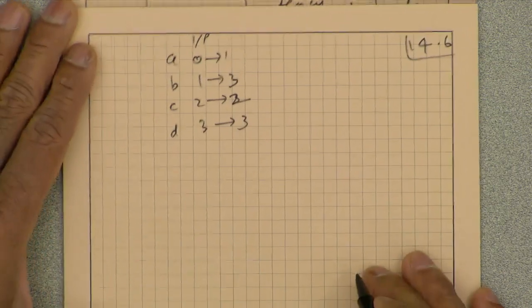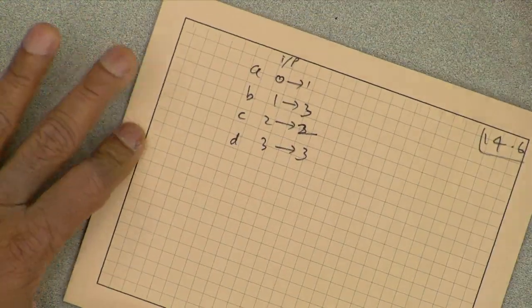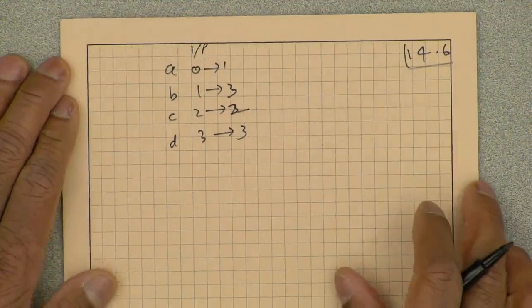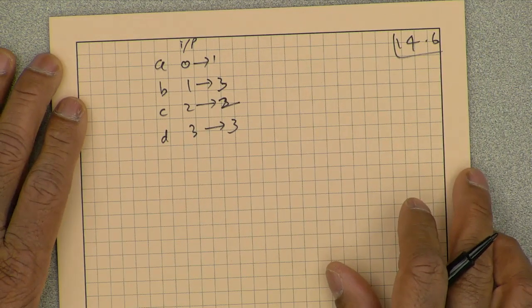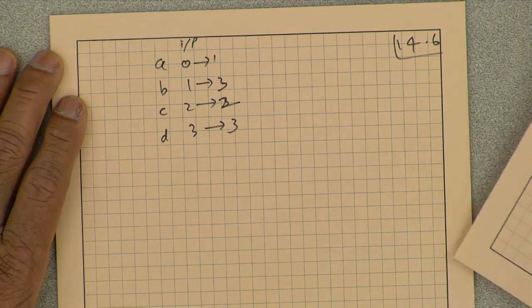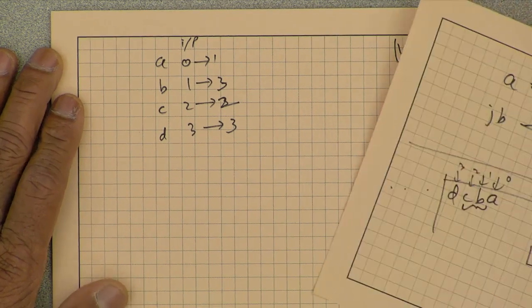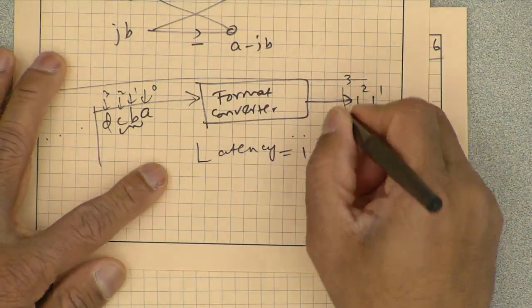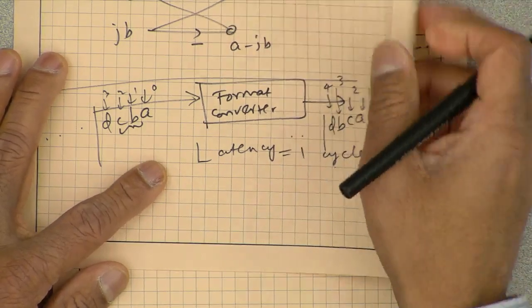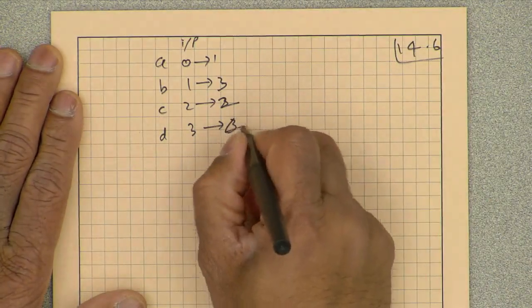So, D does not need to be stored. And C does not need to be stored. Something is wrong. So, this is 4. So, D needs to be stored 3 to 4. Yeah, okay.